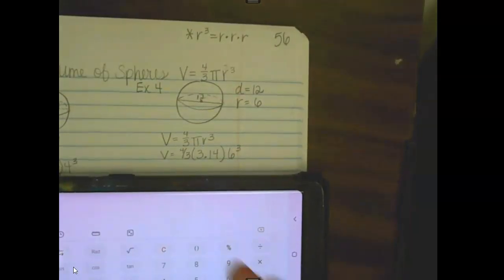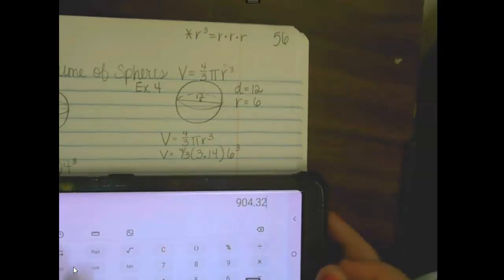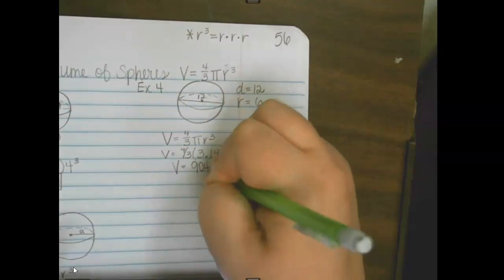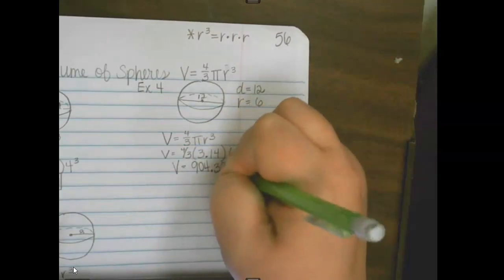I'm going to do parentheses 4 divided by 3 times 3.14 times 6 cubed. And I get a volume of 904.32.